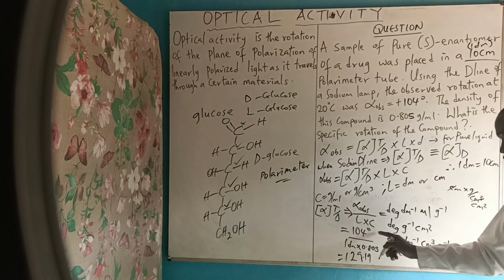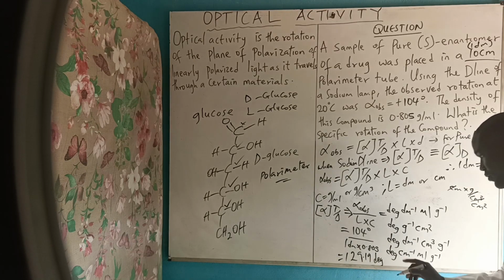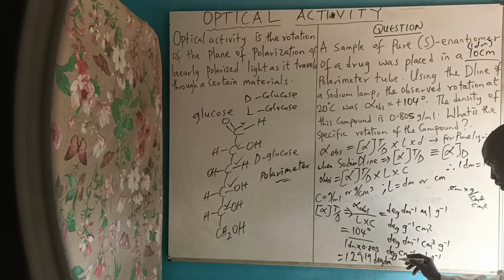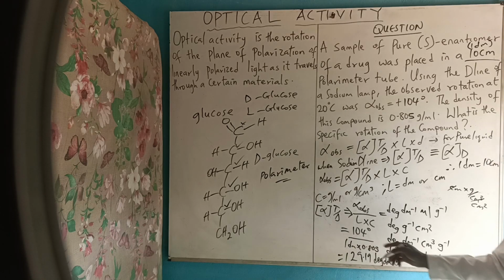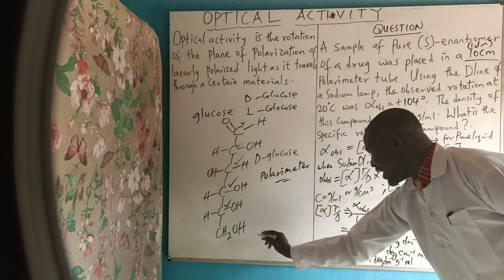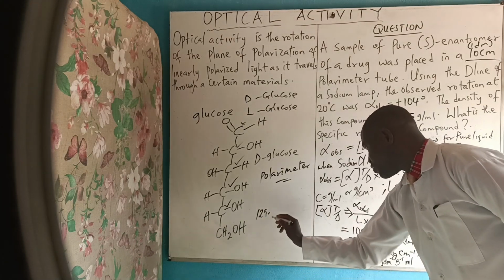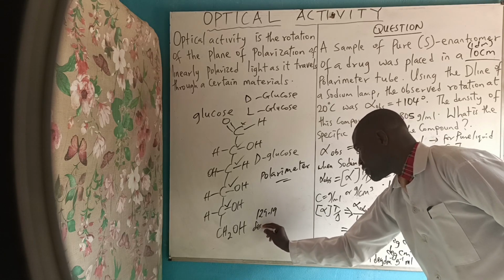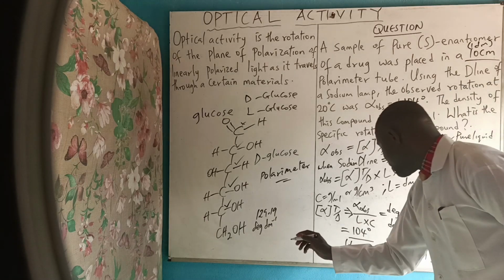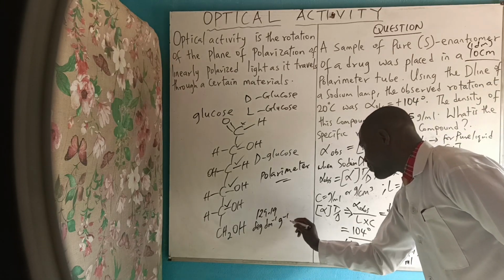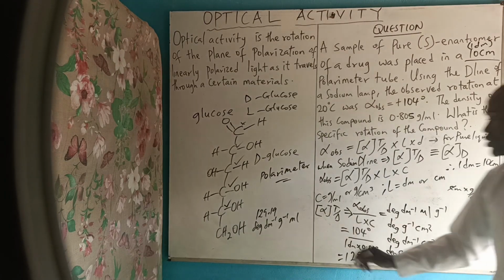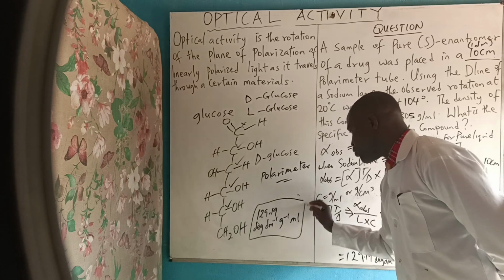The unit is degree per dm, then per gram, then mil. Recall, we said the answer is 129.19 degree per dm, because I converted to dm, then per gram per mil. That means I am following this unit. So that is the answer to that question.